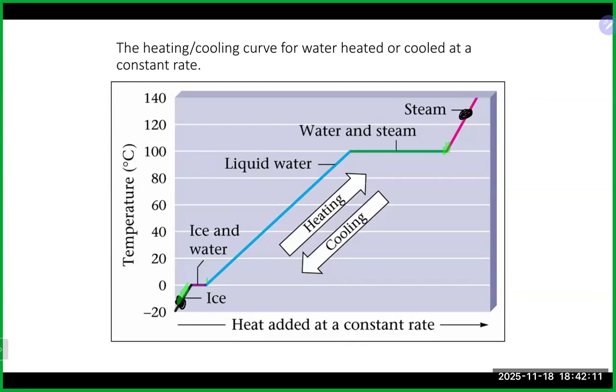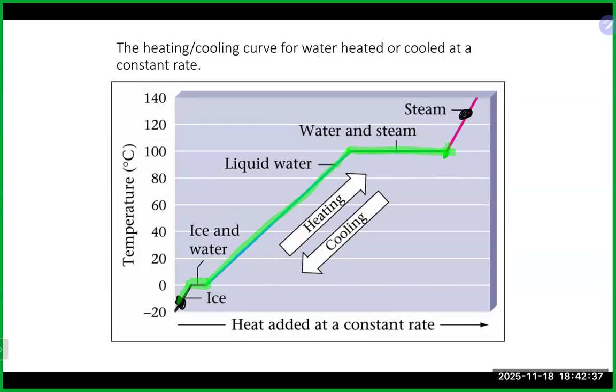That would be like a specific heat equation. You then would have to do the phase change right here at 0, which would be your heat of fusion energy. You then would have to take the liquid water from 0 degrees all the way up to liquid water at 100 degrees. That would be another specific heat calculation. You would then do a phase change at 100 degrees from liquid water to gas, would be the heat of vaporization.